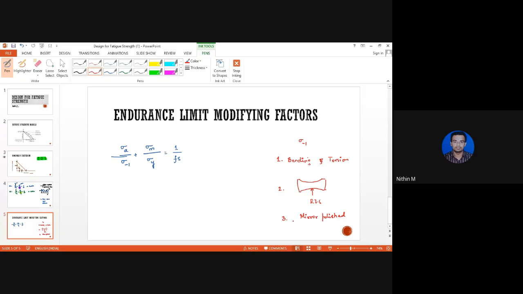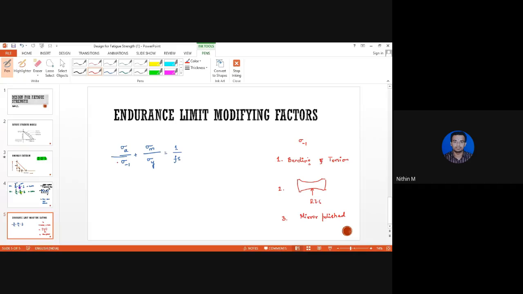So we should incorporate a factor called load modifying factor or load factor, which will modify the endurance limit of the material. Whenever we encounter these modifying factors, we will always multiply those factors to the endurance limit.